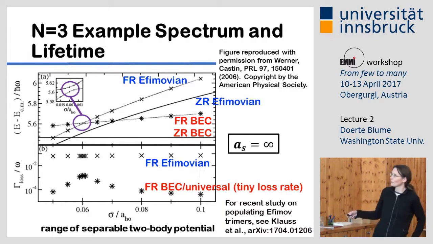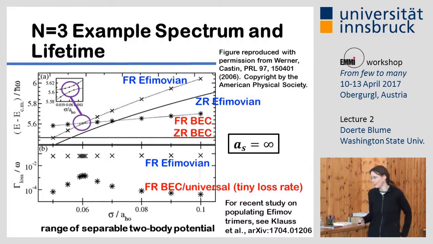And even the loss rate of the Efimovian state is actually not so bad, suggesting that these Efimov states in a trap could be populated. And in fact, there is a recent study from Eric Cornell's group that reports on populating Efimov trimers in a trapped system by doing sweeps.